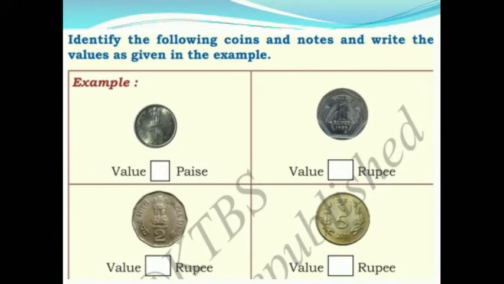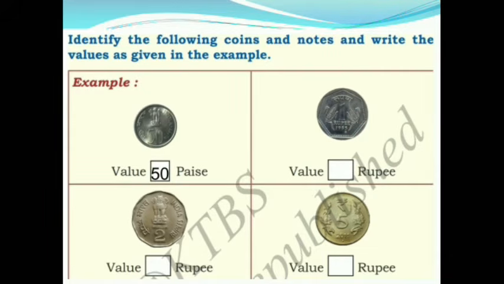Children, now we should write the value of the currency given. First we have this coin. Which coin is this? Yes, it is a 50 paise coin. So the value of this coin is 50 paise. Next we have this coin. Which coin is this?